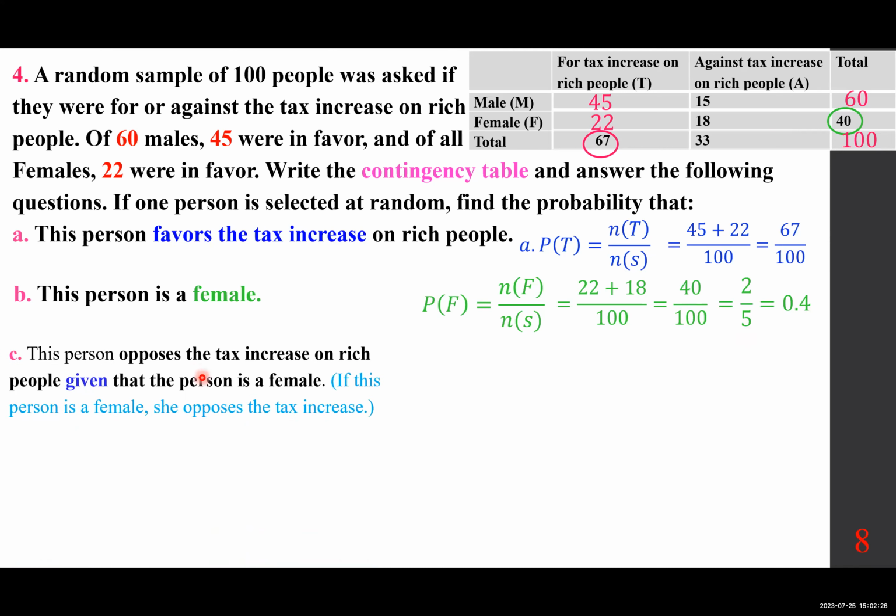This person opposes the tax increase on rich people, given that the person is a female. Another way of putting it, if this person is a female, she opposes the tax increase. There are two different ways of writing this, so I want you to be familiar with that. So this is called a conditional probability.